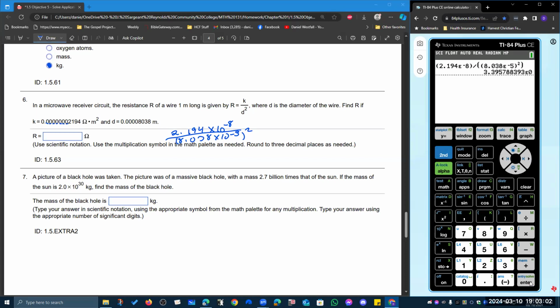And this becomes 3 decimal places, so 3.396 ohms.